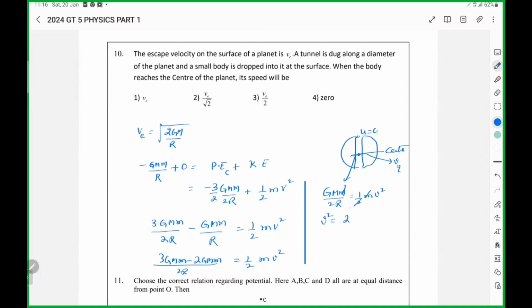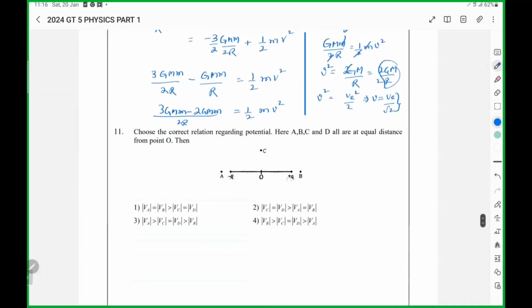V square is G M by R, so 2 G M by R, it is V e, root. Right, V here is this, V square is.